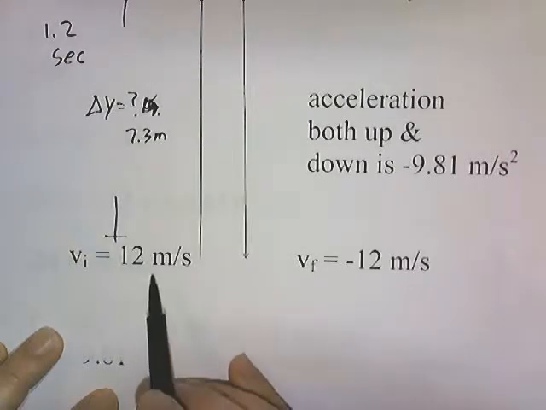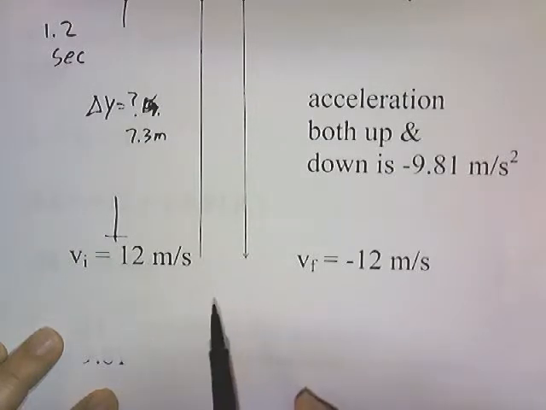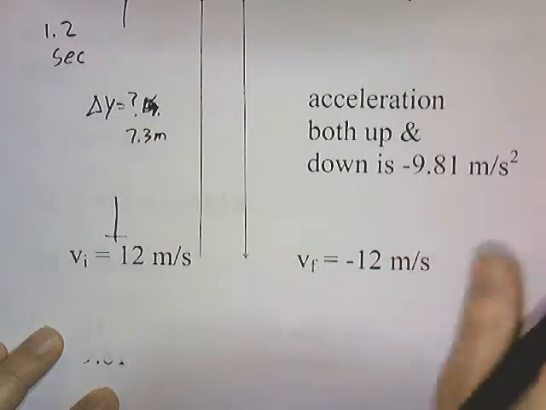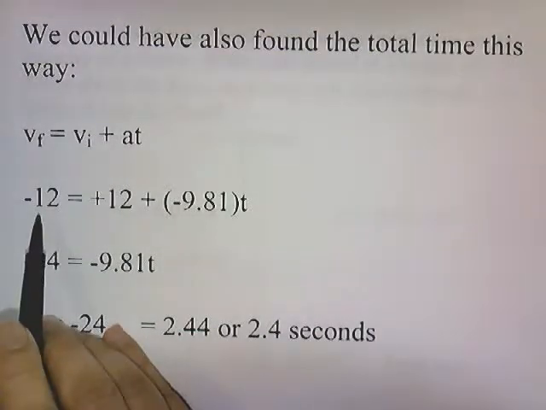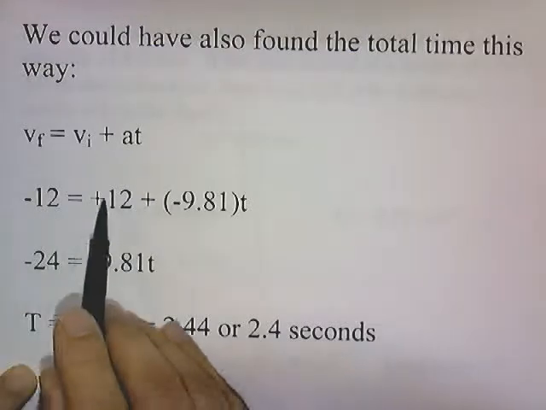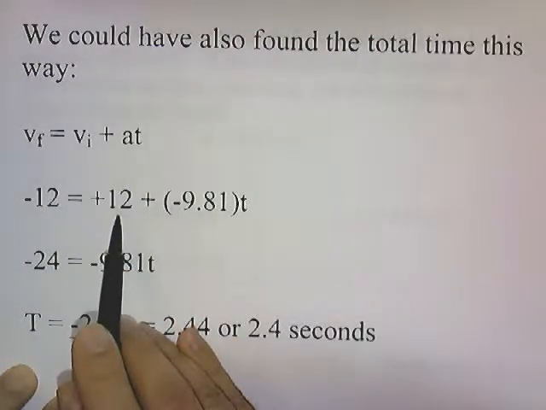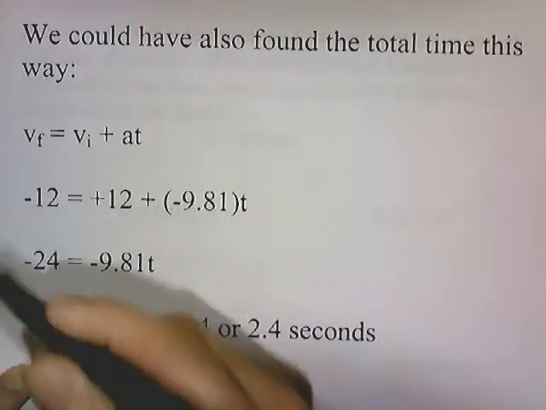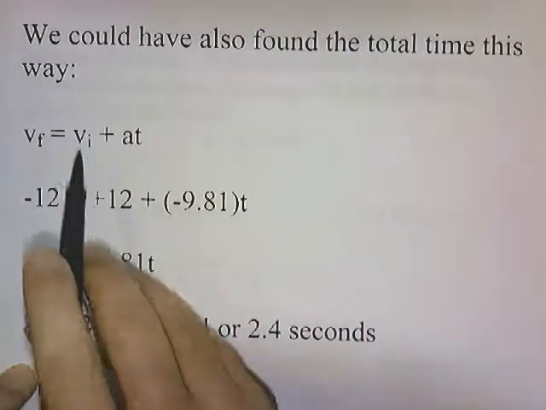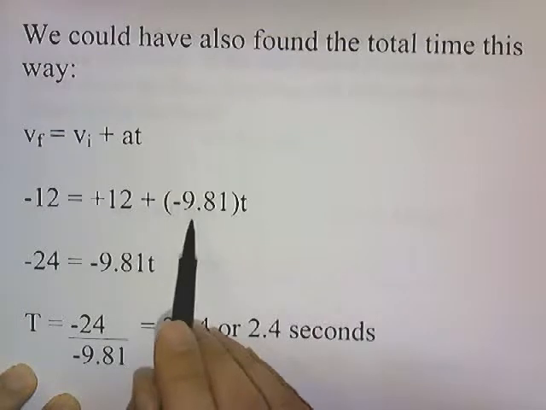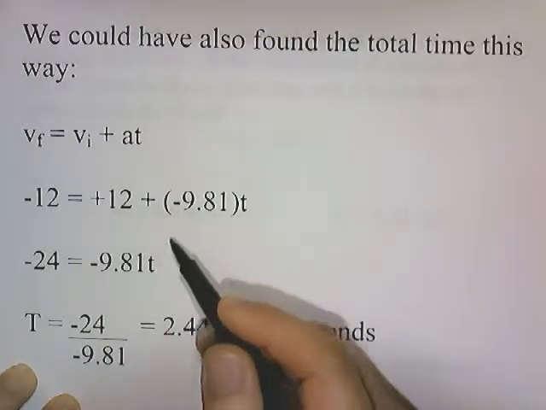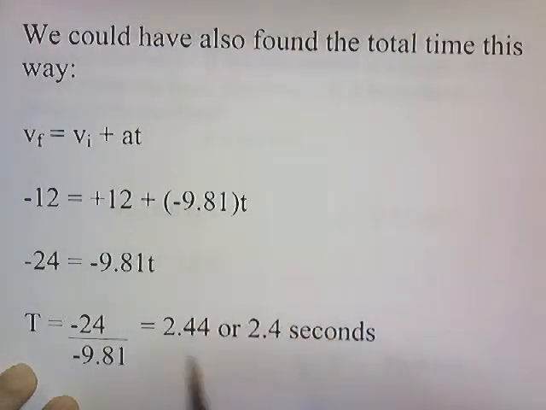So initial velocity is positive 12 meters per second, because it's going up, and final velocity is negative 12, because it's going down. Acceleration is negative 9.81 because gravity pulls down on the object and slows it down. If you solve for time in this fashion, you get the same answer.